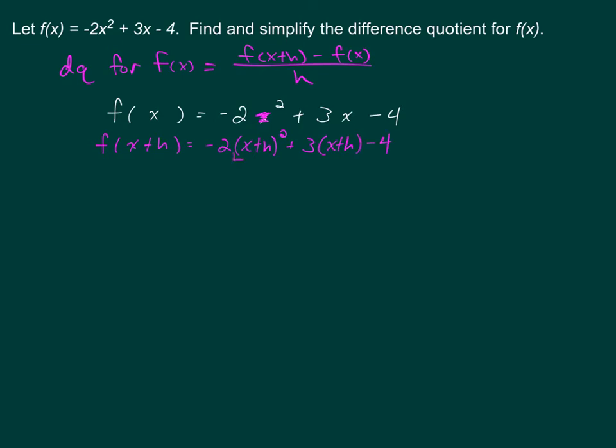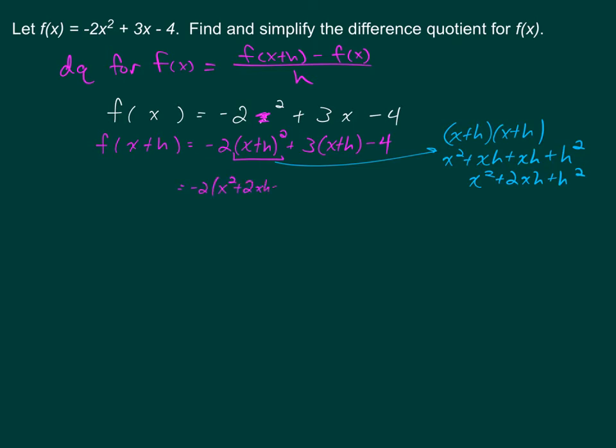Now with this particular expression here, you'll have to distribute x plus h to x plus h, which is multiplied out over here. But then you'll still have to multiply everything here by -2. So I'm going to write the next line here. This will be -2 times x squared plus 2xh plus h squared.